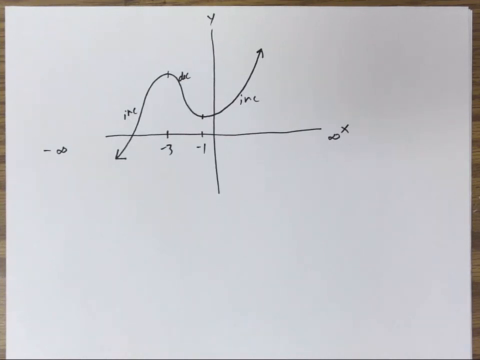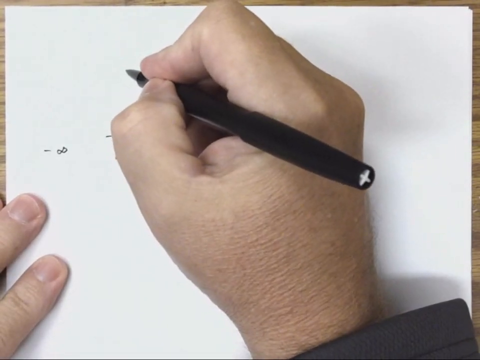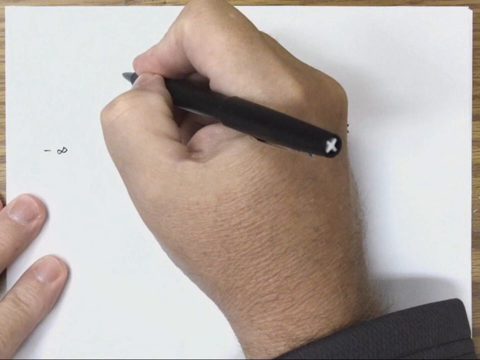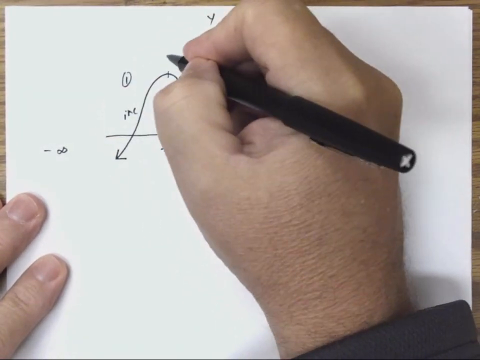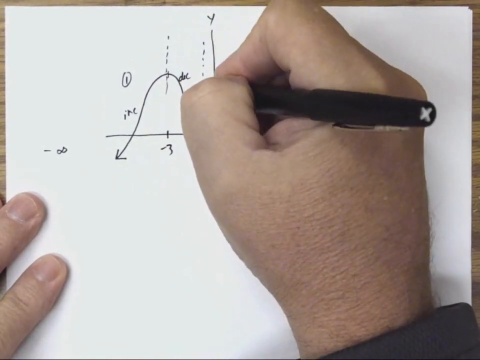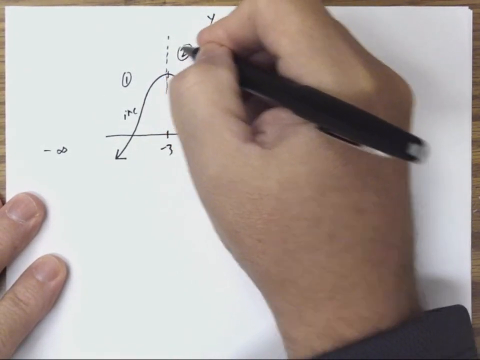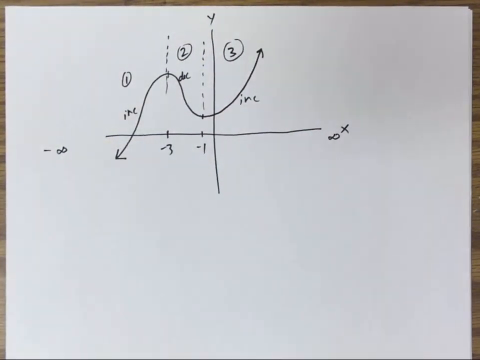So you can see that when we're looking at where the graph is going up and going down, there are really three regions. And these regions are defined by when the increase and decrease change.